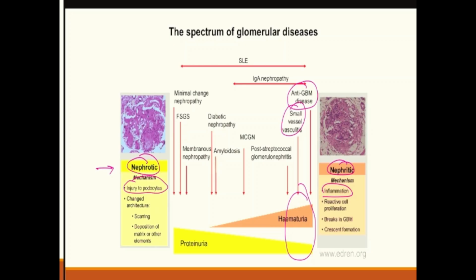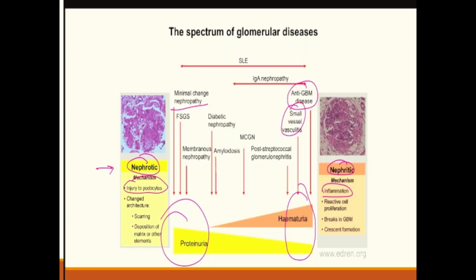Now on the other end of the spectrum, minimal change disease, high protein, not very much blood. So the nephrotic syndromes, on urinalysis, you will see protein in the urine. On the more nephritic side of things, you will see red blood cells in the urine because there's bleeding going on. And we'll go through some of these diseases as we go through this section.